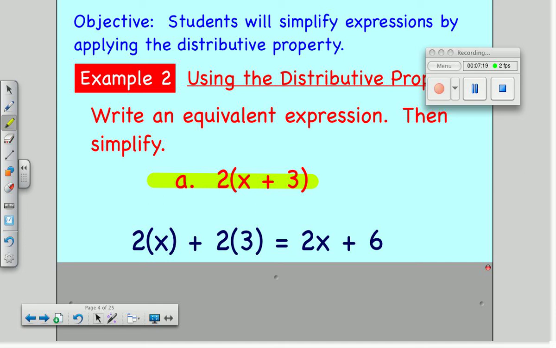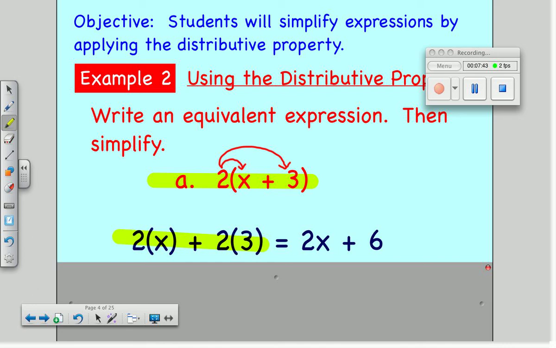So we multiply 2 times x. You can multiply a number and a variable, but you may not add or subtract that. So 2 times x, we distribute the 2 to the x, we distribute the 2 to the 3. By doing that, we get 2x plus 2 times 3.